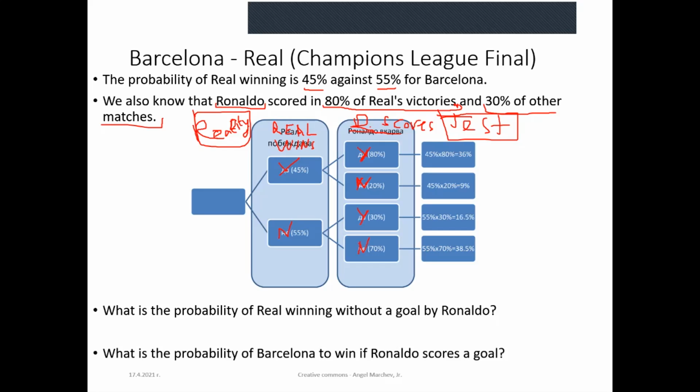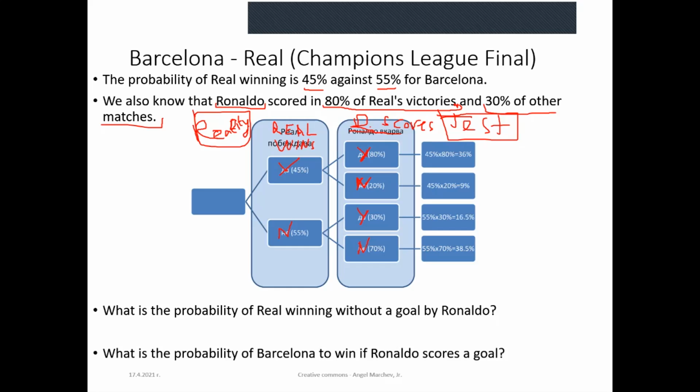Is this clear? Yeah. And if we calculate the joint probabilities, we are going to end up with four different situations. If Real wins and Ronaldo scores, this is going to be 36%. If Real wins and Ronaldo doesn't score, this is 9%. If Real doesn't win and Ronaldo still scores, this will be 16.5%. And if Real doesn't win and Ronaldo does not score, this will be 38.5% of the time.